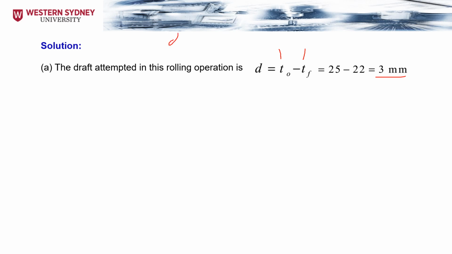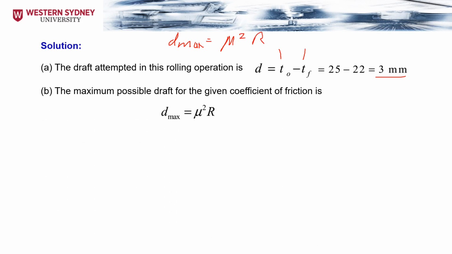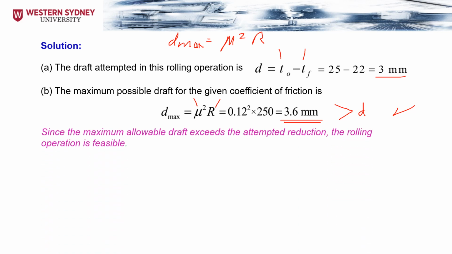Just remember that d maximum is equal to mu squared multiplied by R. We know mu is given, R is given, so we can apply these values and find that the maximum draft is equal to 3.6 millimeters. So d maximum is more than the d value, and thus this friction will be acceptable. The rolling operation is going to be feasible.